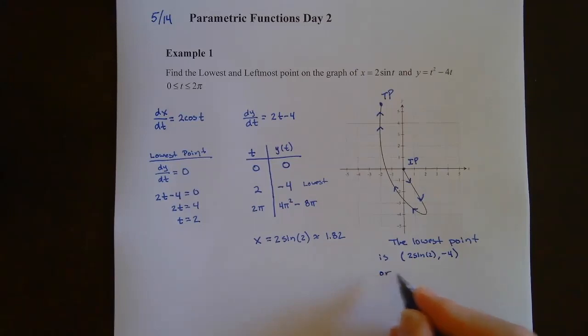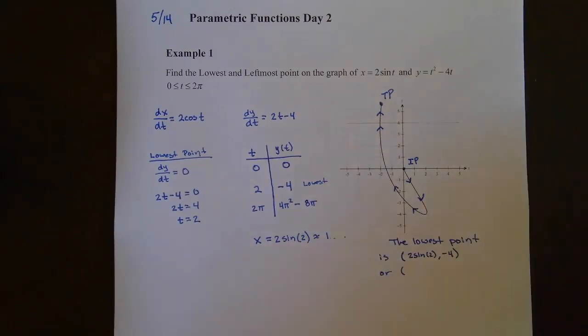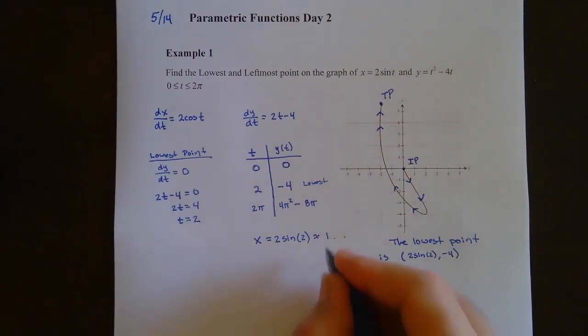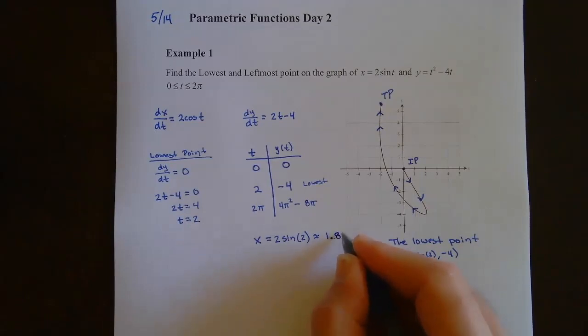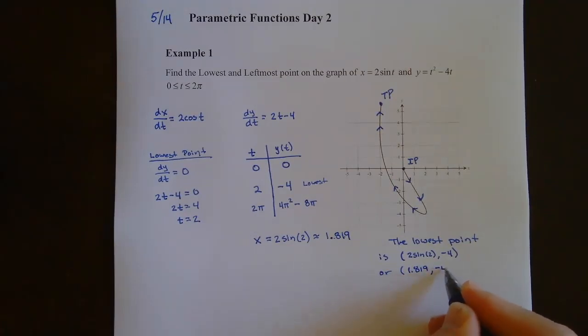Or you could write this, if you put that in a calculator, 1 point, you know what? I want to go 3 decimal places. I'm sorry, guys, I did only 2. Let me change this. 1.819. Okay. So this would be 1.819, comma, negative 4.